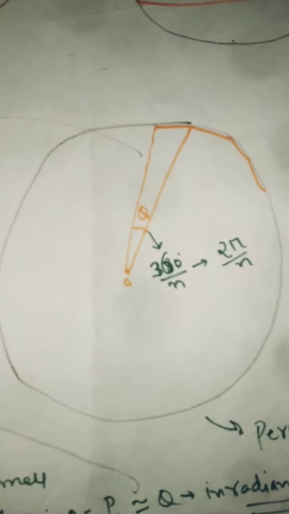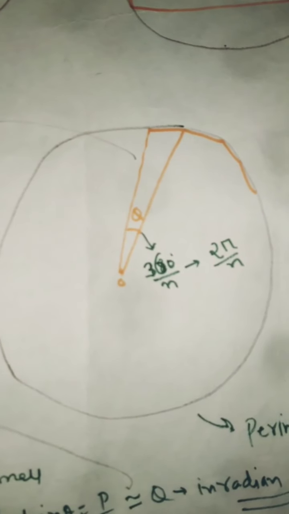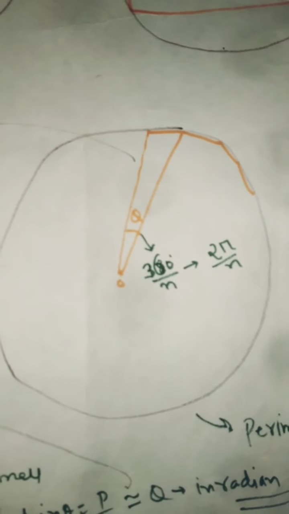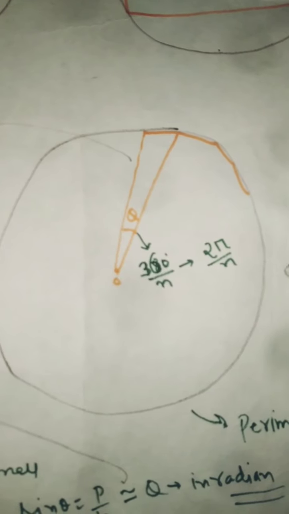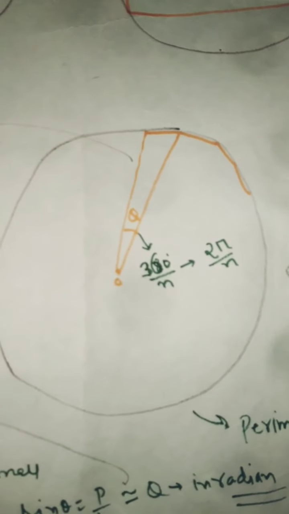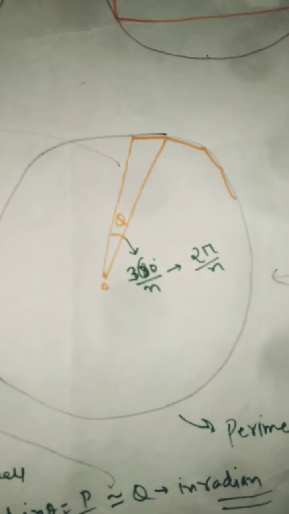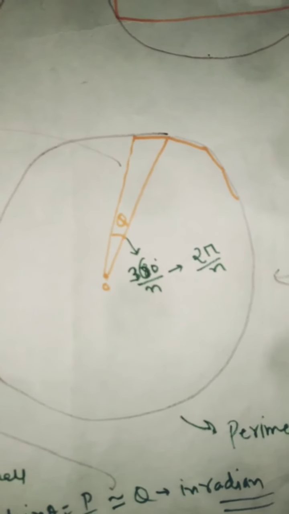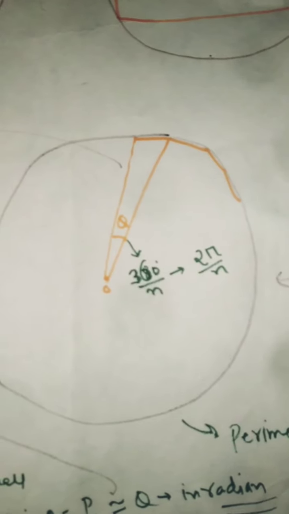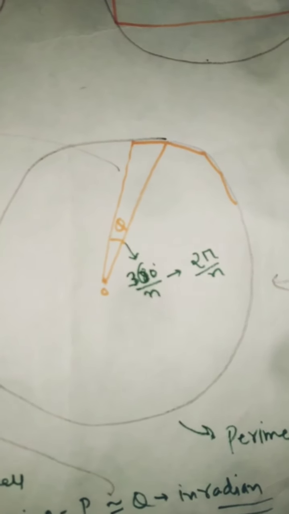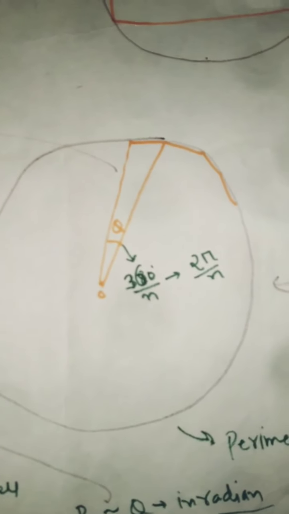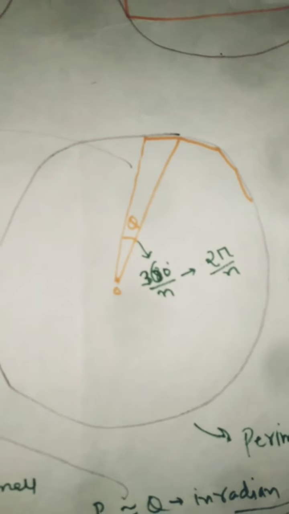So we can just suppose that there are n number of sides, and the circle subtends a total angle of 360 degrees. So for n number of sides, the angle which is subtended by each segment would be 360 degrees by n.